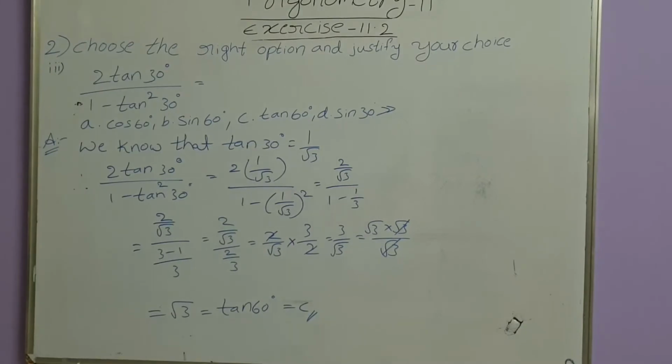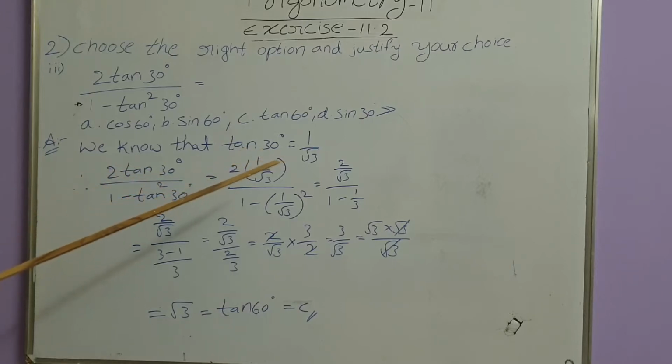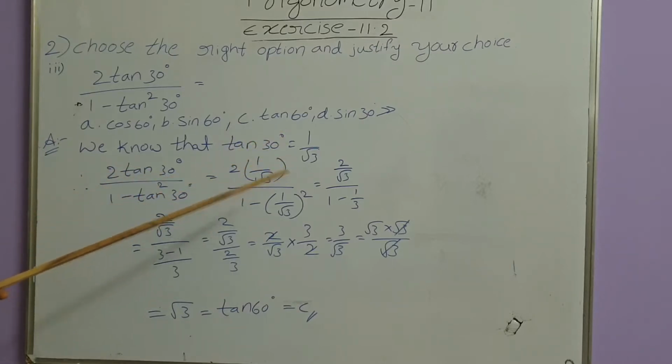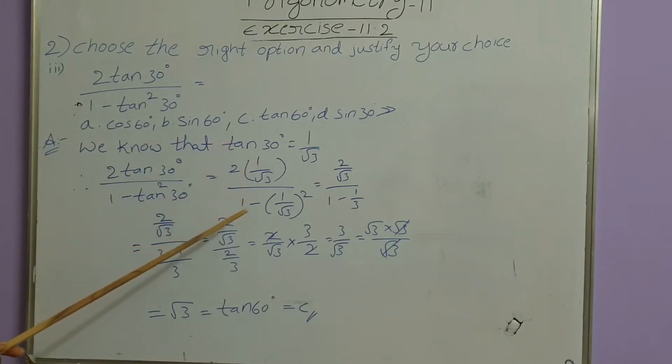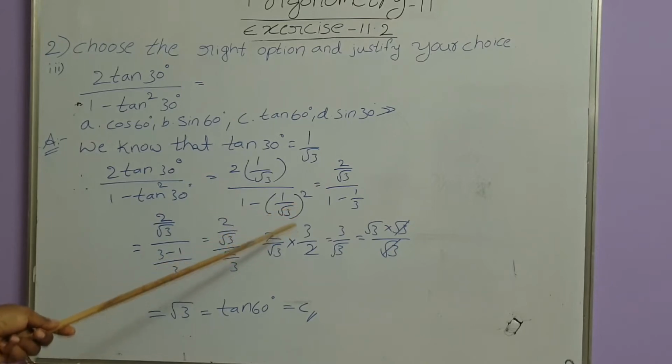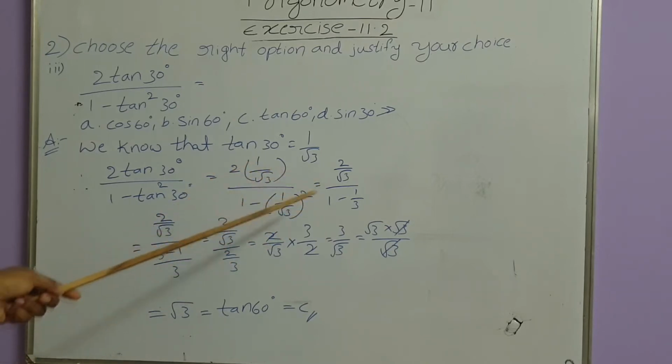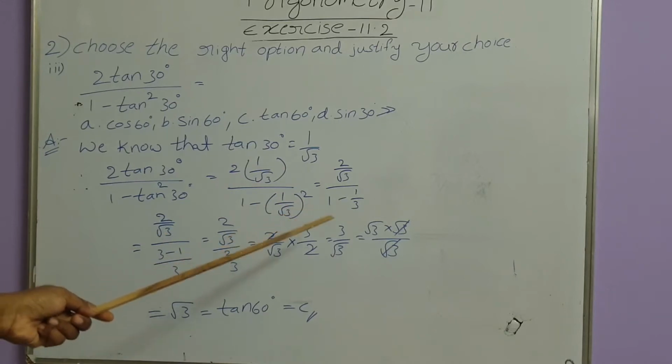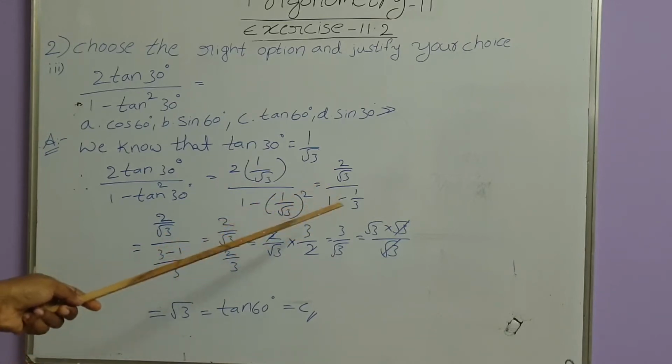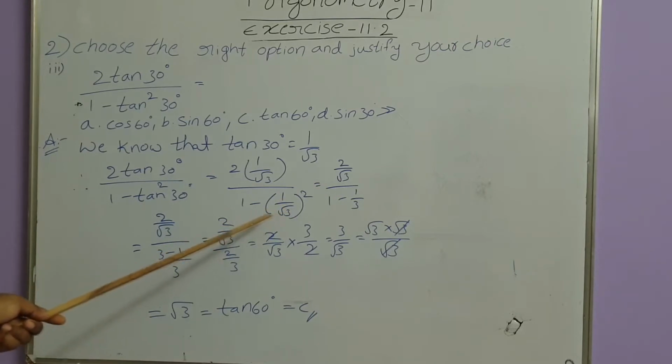In this third one, 2 tan 30 degrees by 1 minus tan square 30 degrees. Here some options are there. Choose in this one. We know that tan 30 degree value is 1 by root 3. Substitute this value in this. 2 of 1 by root 3 by 1 minus 1 by root 3 whole square is equal to 2 by root 3 by 1 minus, here 1 square is 1, root 3 whole square.